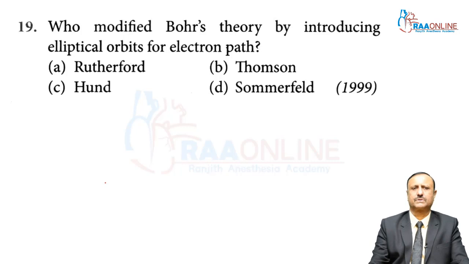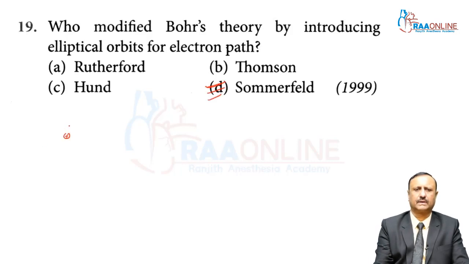Now, we can go to question number 19: who modified Bohr's theory by introducing elliptical orbits for electron path. My dear students, you can go to the Sommerfeld. When this is the nucleus and here these are the circular paths, and this circular path is given by Bohr.